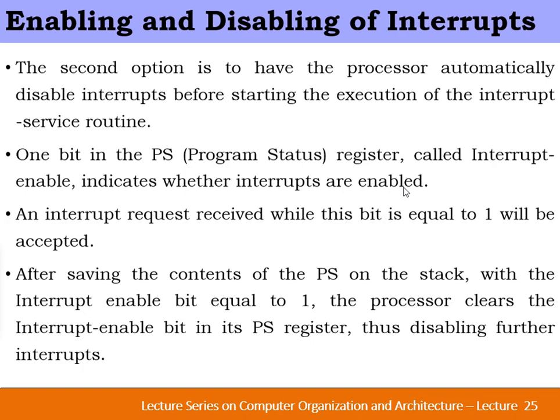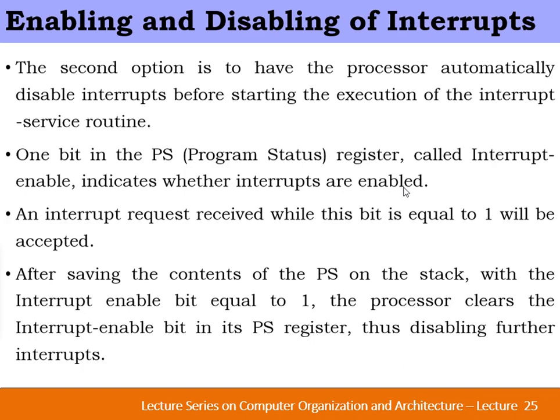So whenever the bit is equal to 1, the processor accepts the interrupt, and the contents are saved onto the stack. After saving the content of the program status register with the interrupt enable bit equal to 1, the processor clears that interrupt enable bit in the program status register, making it equal to 0.